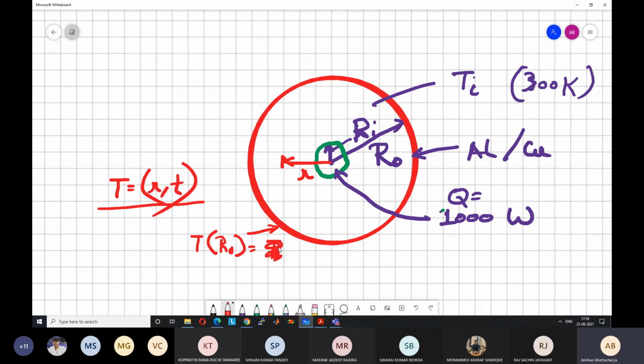What you should take is heat flux conditions like this: h times T at Ro minus T surrounding, plus T at Ro to the power 4 minus T surrounding to the power 4.